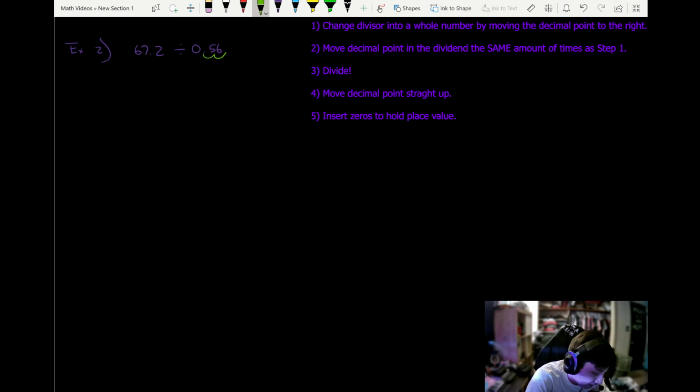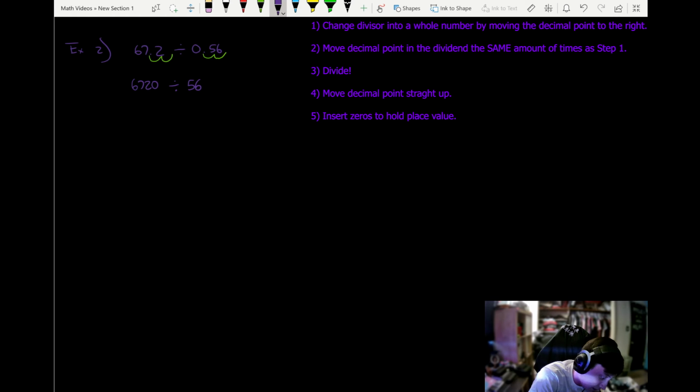Then we move the decimal point in the dividend the same number of times, also in the 67.2, 1, 2. And so that 67.2 actually becomes 6,720, because we moved the decimal point twice, and it's divided by 56. Cool, so now we have our new expression.